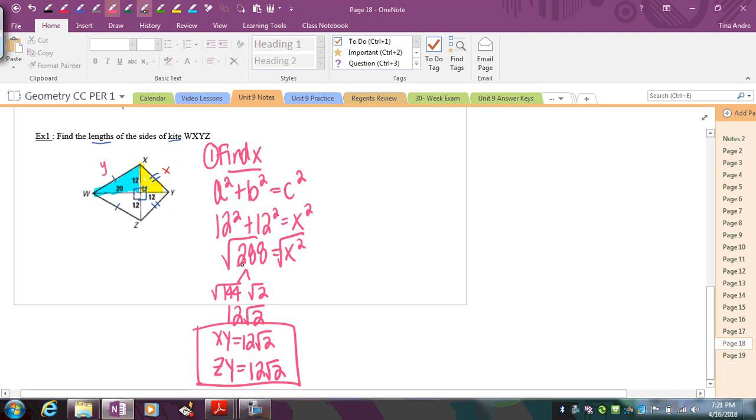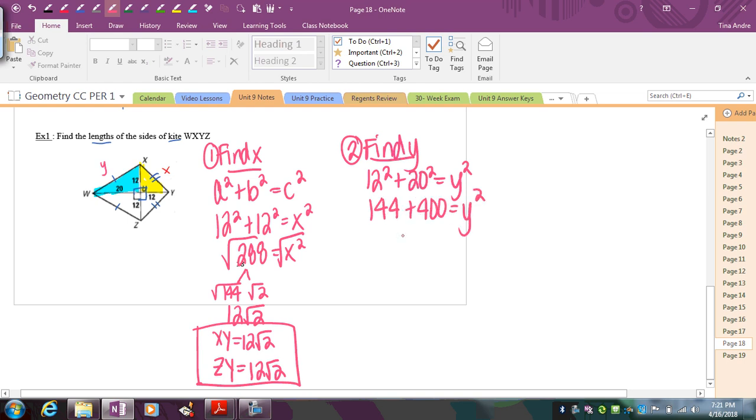Now what I want to do is look at finding Y. I'm going to use the Pythagorean theorem for this. So 12 squared plus 20 squared equals Y squared. So I have 144 plus 400 equals Y squared. So we have 544 equals Y squared.